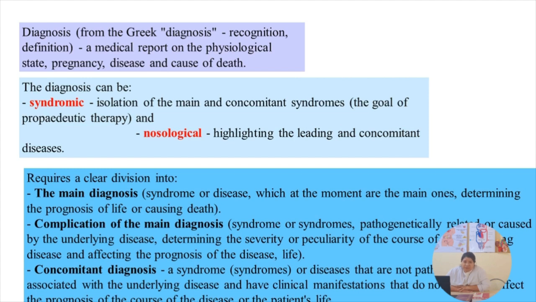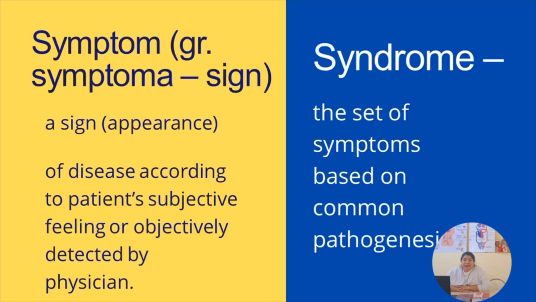For example, bronchial asthma may have a complication such as respiratory failure, and a concomitant diagnosis is a syndrome or disease that is not pathogenetically associated with the underlying disease. Bronchial asthma is the main diagnosis, respiratory failure is a complication of the main diagnosis, and the concomitant diagnosis is arterial hypertension or maybe myocardial infarction. They are not related to each other.